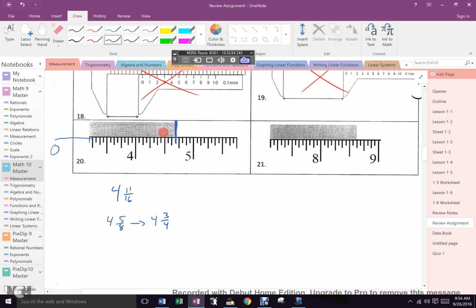Now, if you only did this part, then you would have counted, right? You would have said, okay, well, that's 3 1/4, plus a 16th. So that was 3 and 3/16 up to, that is 4 and 11/16.